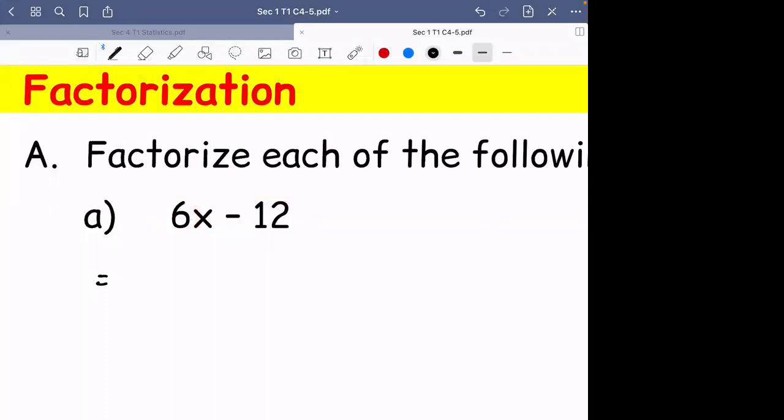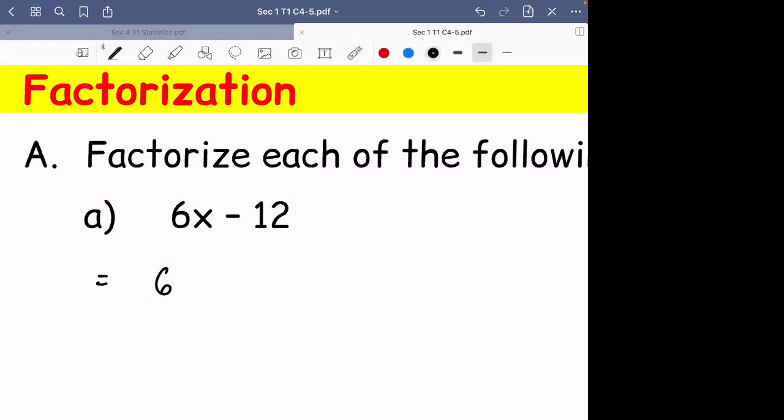Okay, so I'll write here 6. Since 12 doesn't have x, we cannot include x as our common factor, so we only have 6, right? And then what do we do next after we have our common factor?